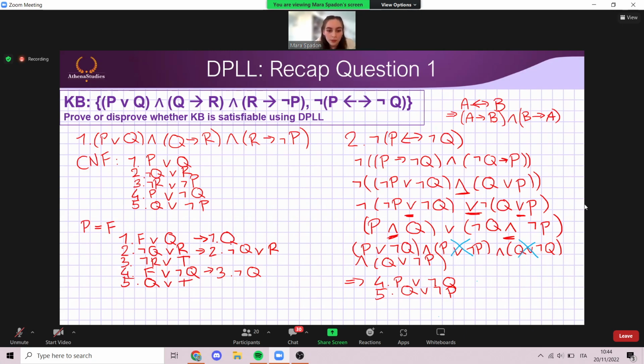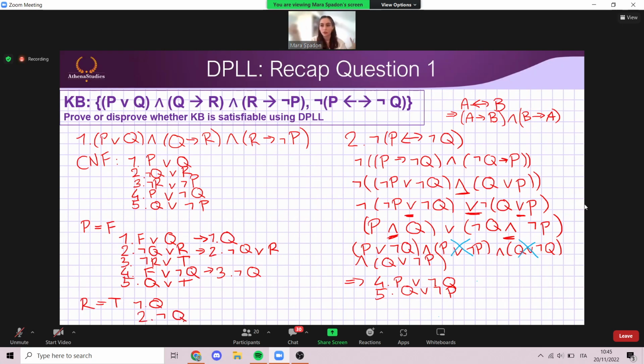So what do we do now? We see we have q and we have not q. So if we choose q to be true, sorry, let's just choose r to be true first. So we are left with the clauses q and not q.